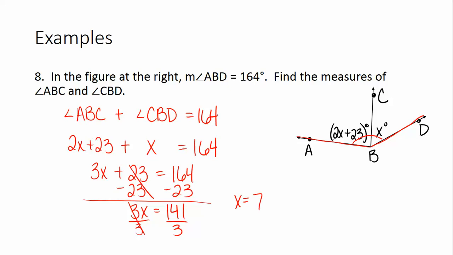But remember that we were asked to actually go back and find the full angle measures of ABC and CBD. So all we found is x. So now you're going to plug a 7 in here and there. To figure out what each angle measure is, the measure of angle ABC is going to be 2 times 7, 14, plus 23, so 37.